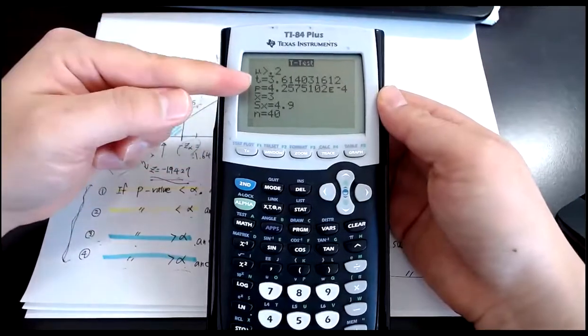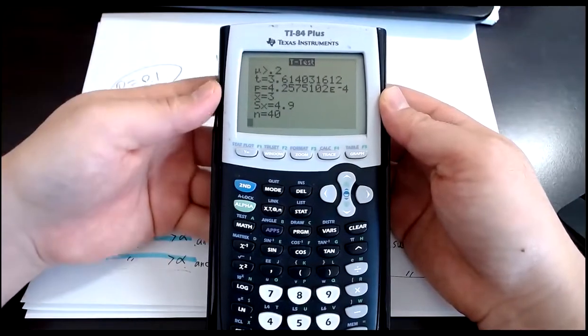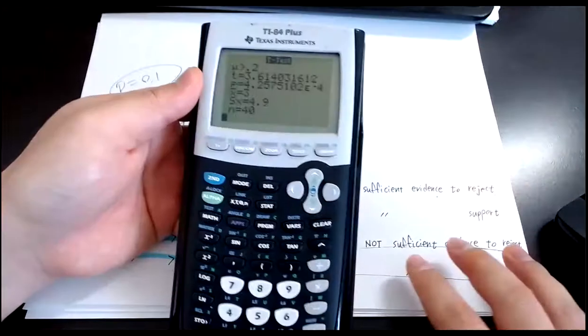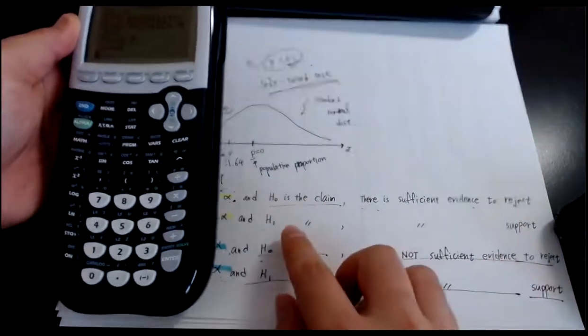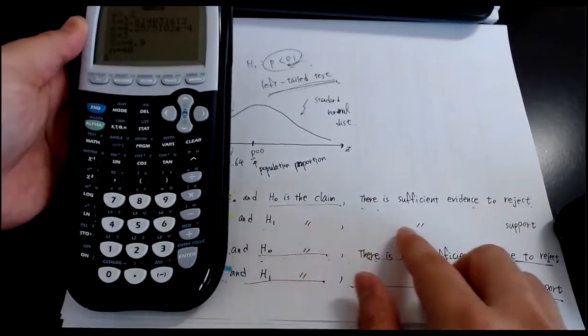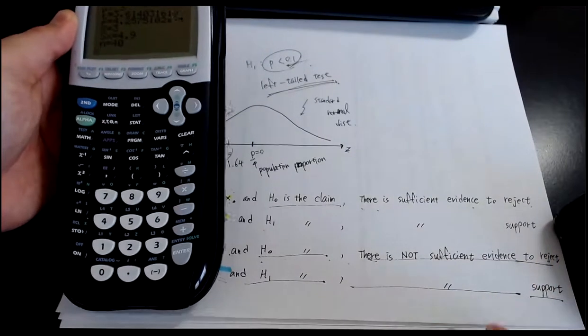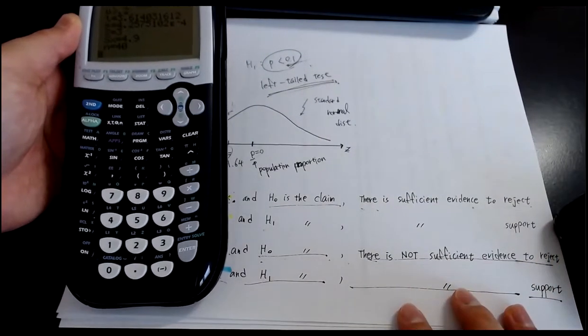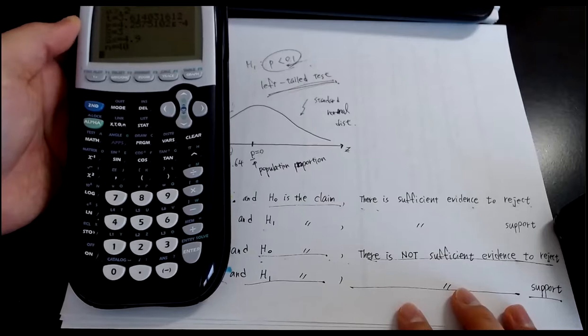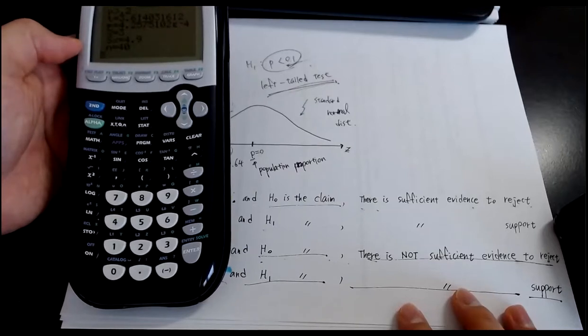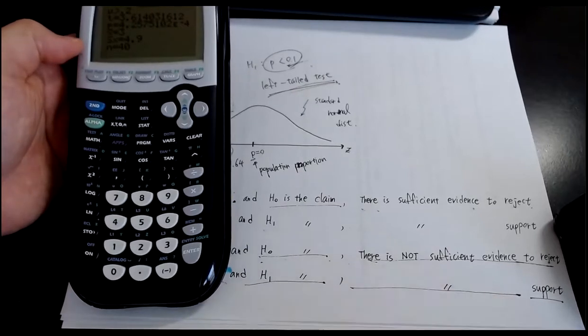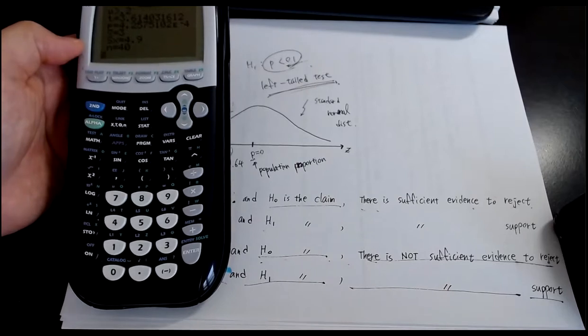Still, the p-value is really small, right? So we still reject H0, and H1 is the claim. So there is sufficient evidence to support the claim that the mean weight loss is greater than 0.2. But what can you say about this? This is practical significance, right?